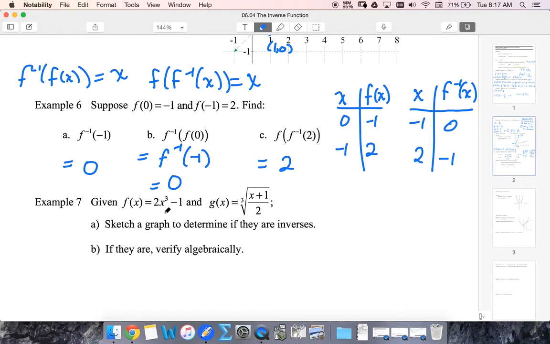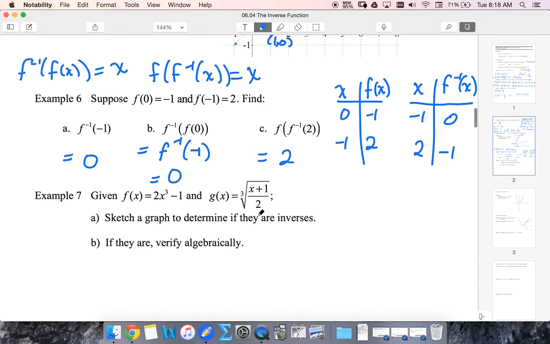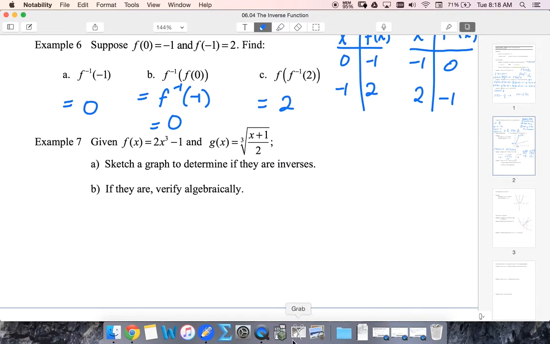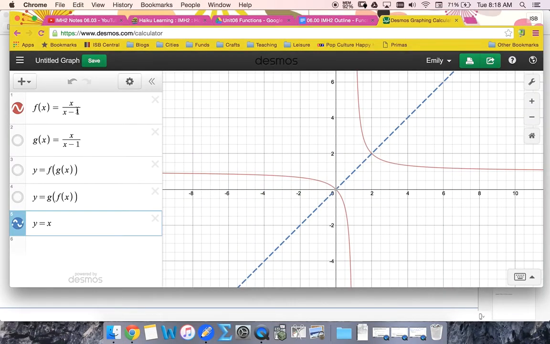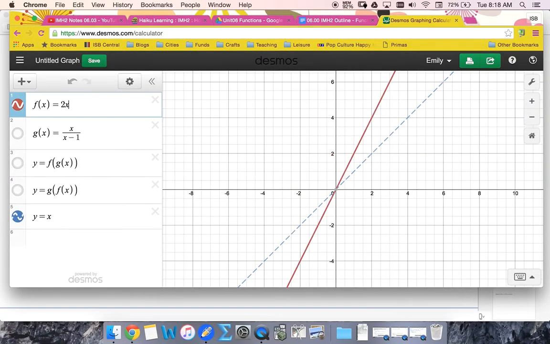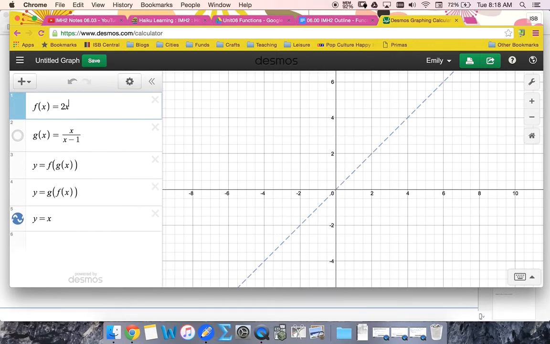All right, let's look at this one here. So I've got f of x is 2x cubed minus 1. Let's look at our graph. F of x is 2x cubed minus 1.